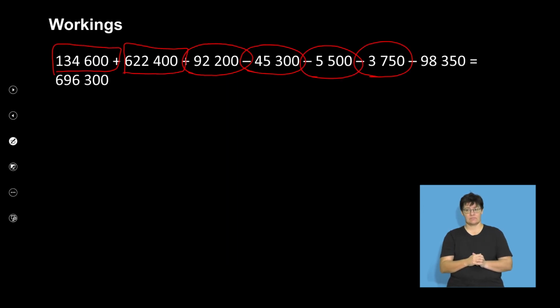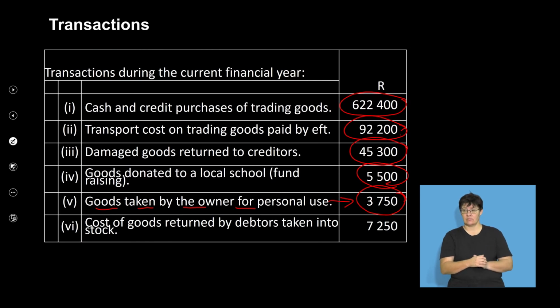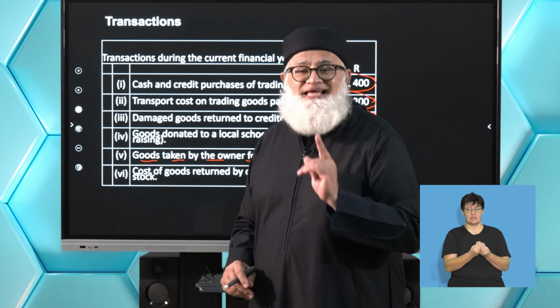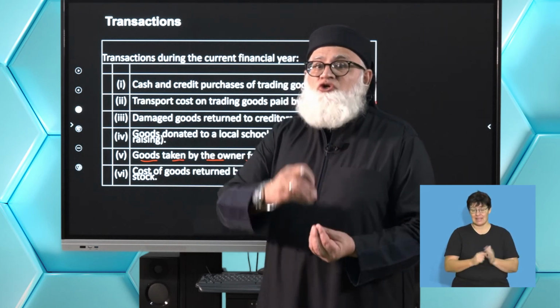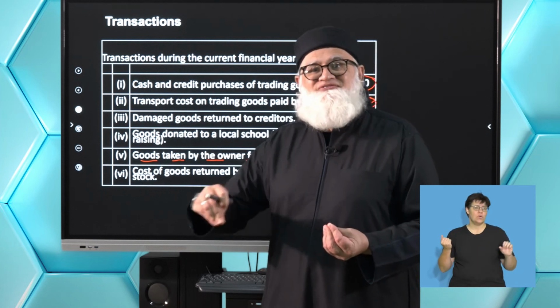Then the next part of the question said, the cost of goods returned by debtors taken into stock. Now watch this here. That particular item is your debtors allowances. Now remember, debtors allowances is not going to impact on my cost of sales.